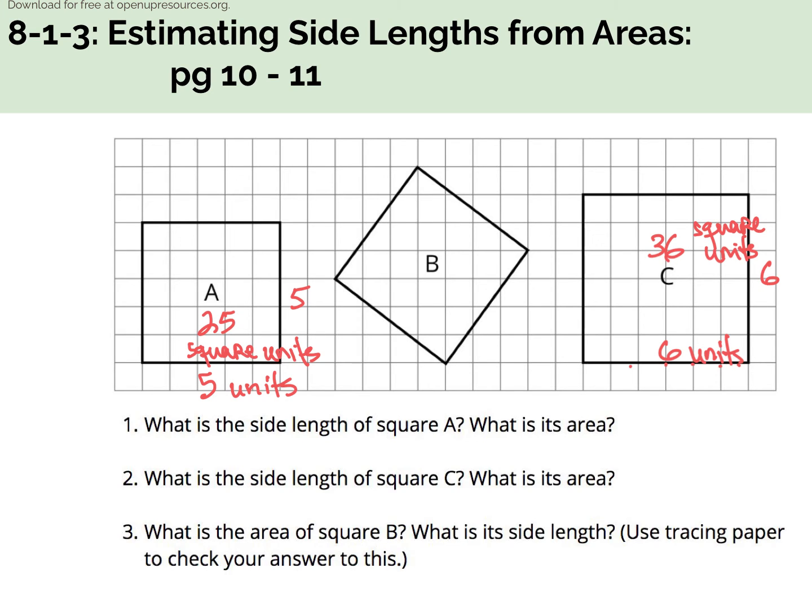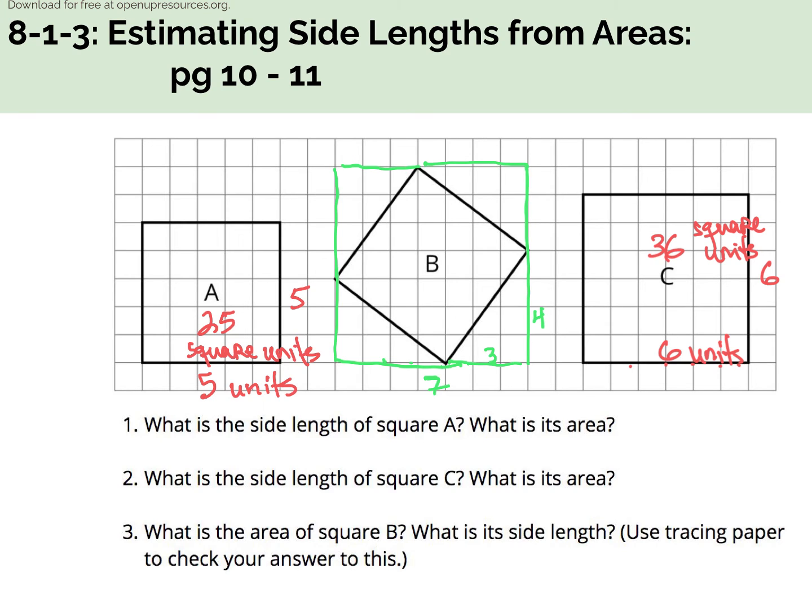Awesome. All right, so with B, what I'm going to do is I'm going to find the area of B first, kind of like how we did before. I'm going to make that bigger square. Okay, so the green is 1, 2, 3, 4, 5, 6, 7. Okay, the area is 1, 2, 3 by 1, 2, 3, 4.